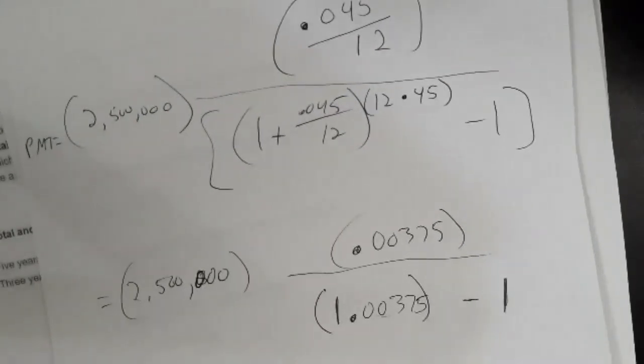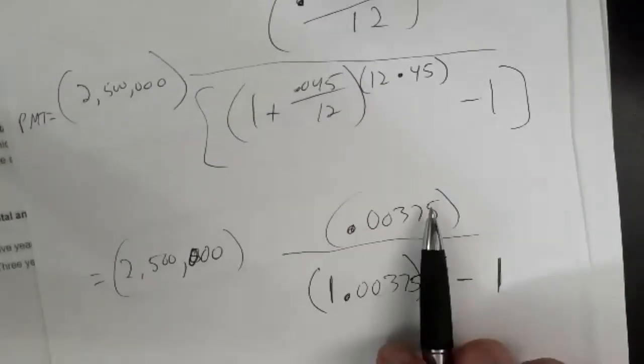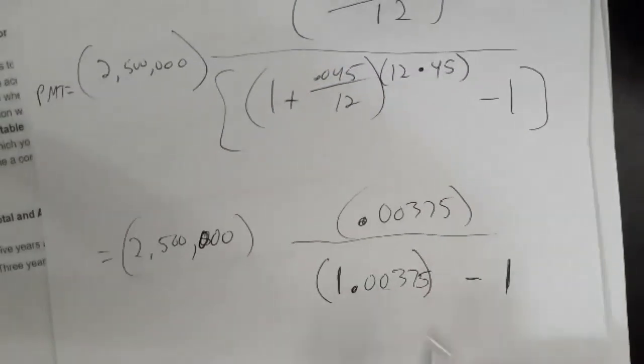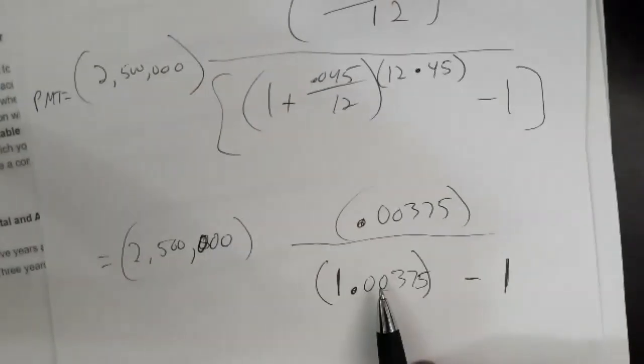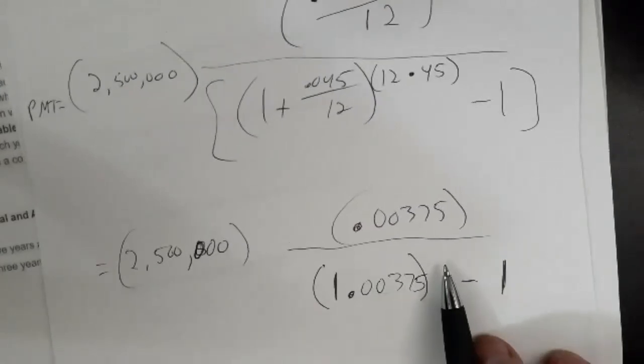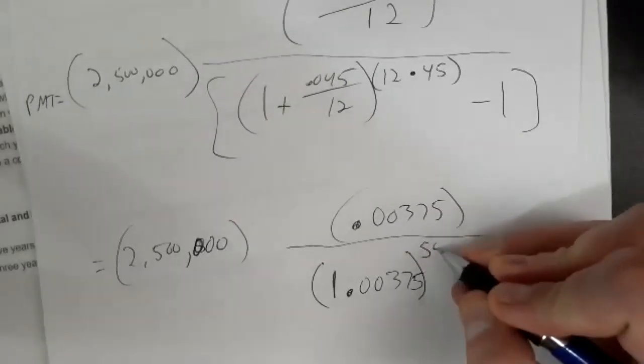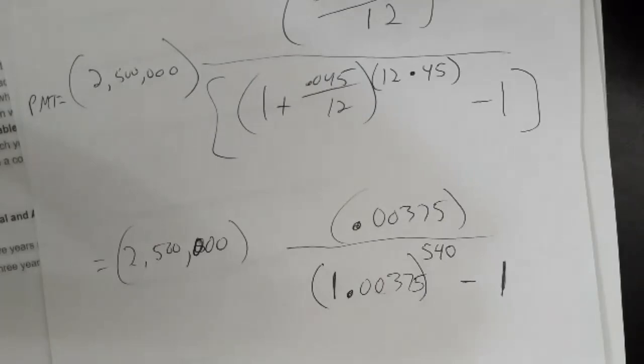It should be 0.00375 is what this thing is, and then I add 1 to it. It should be the same thing as this one, just with 1 added, right? And then this is to what power now? 540th. Yep, so I got to raise this to the 540th power and then subtract 1.